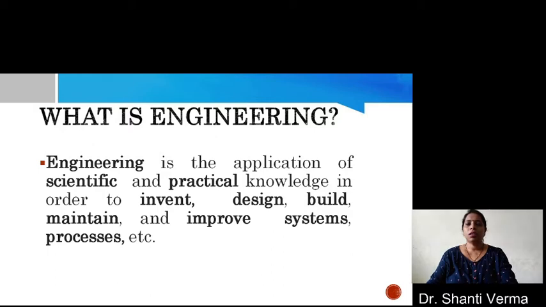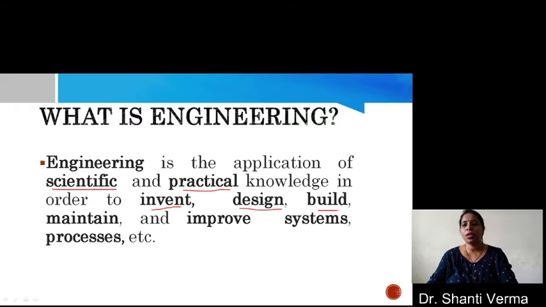In this definition of engineering, you have to understand the highlighted terms. Scientific means engineering also represents the scientific and practical knowledge, and the knowledge is basically used to invent, means to find out something new, design and different types of designing options.